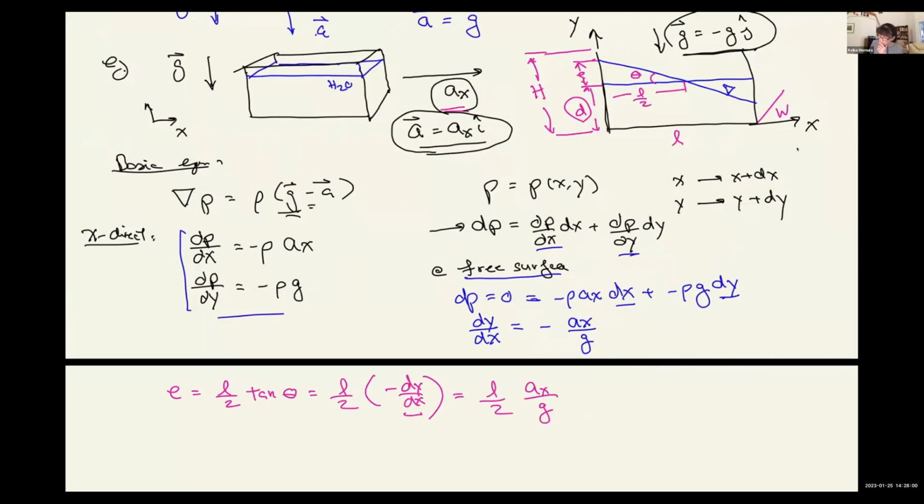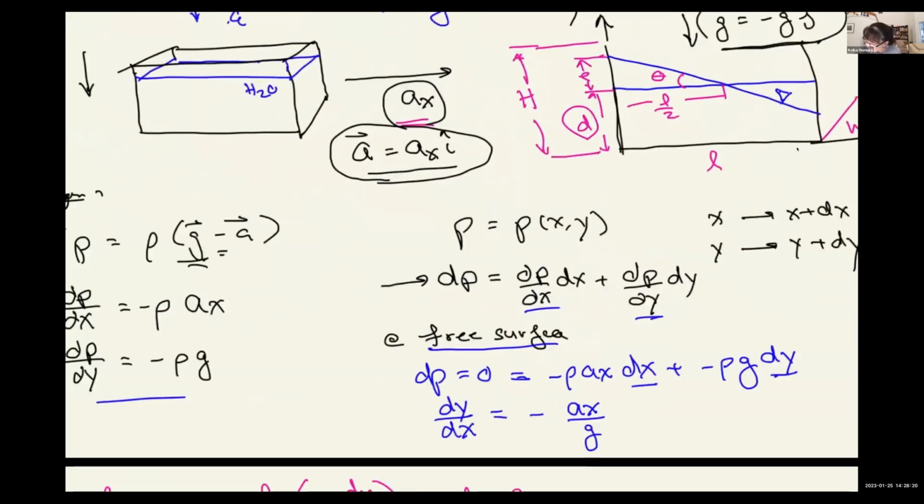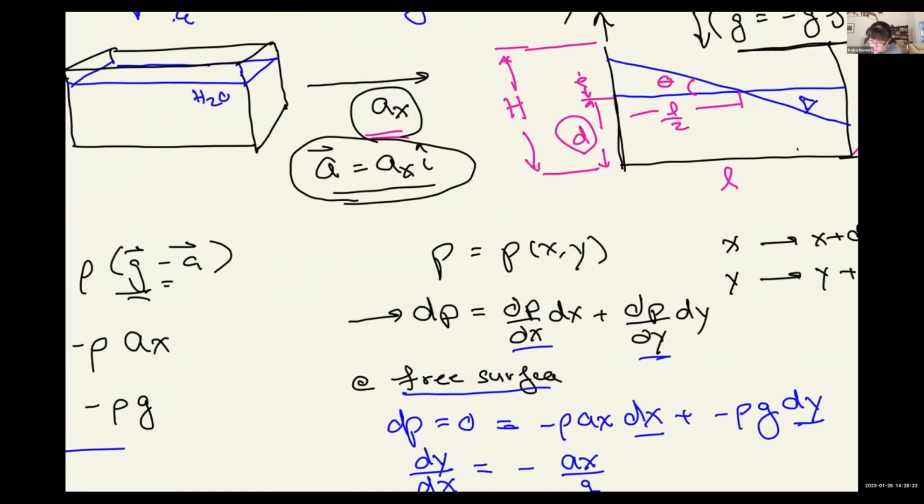And then we can express e in terms of what we're after, the depth. A little bit imprecise of me, e is the distance here from the tank height down to the original surface here.